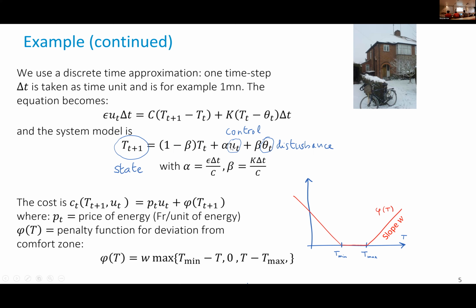We see that it fits; that's the model I needed to apply model predictive control. I have the next state here. So now the state of the system is the inside room temperature. The next state is equal to a function of the previous state, of the control action and of the disturbance here. The cost, that's part of the modeling to decide on the cost.